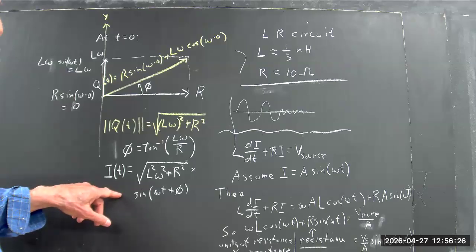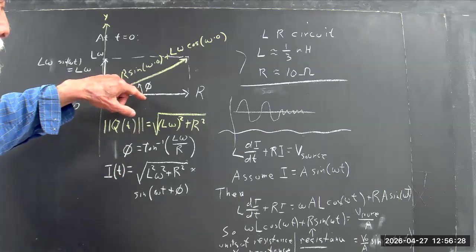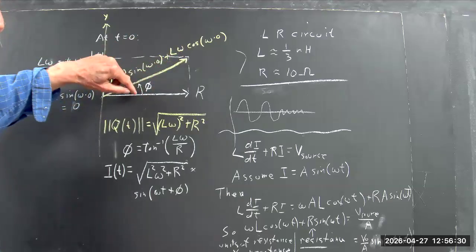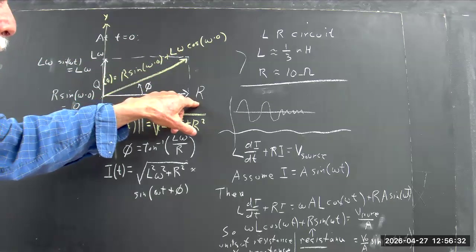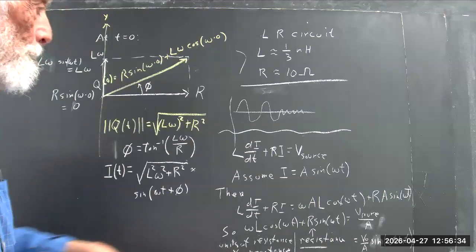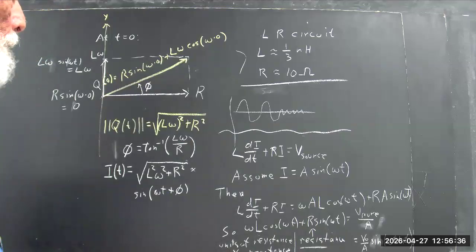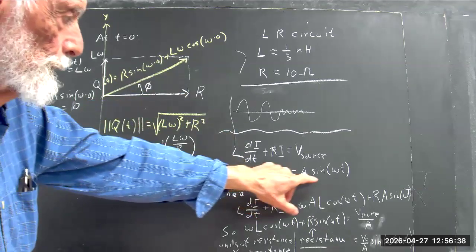In time t, this vector is at angle phi with the R vector. And the R vector really represents the current.